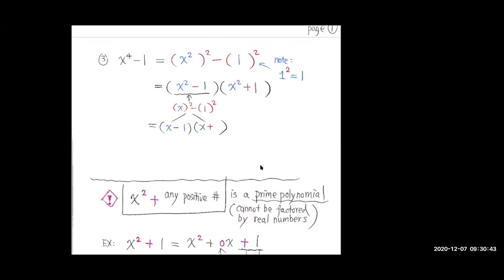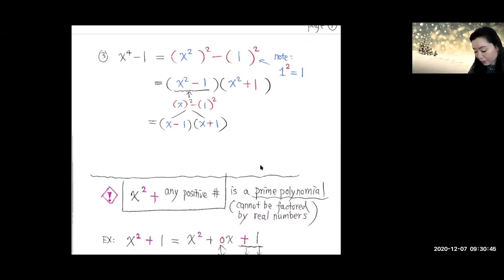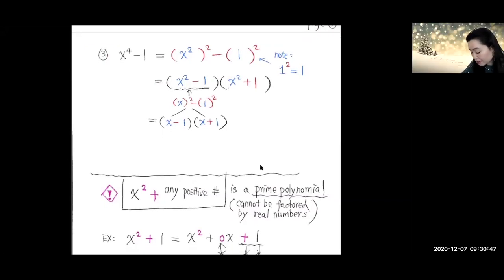Now, what about the second part over here? This second factor, x squared plus 1, is a prime polynomial. Sometimes we just call it prime, which means it cannot be factored by integers.